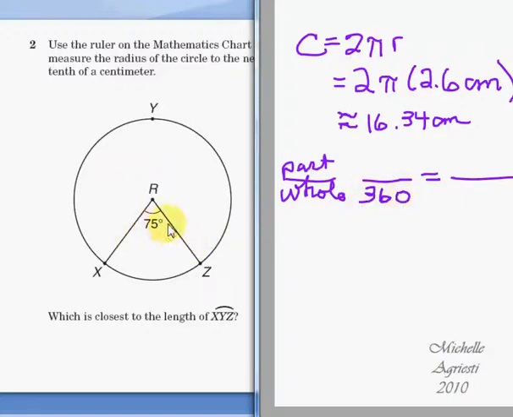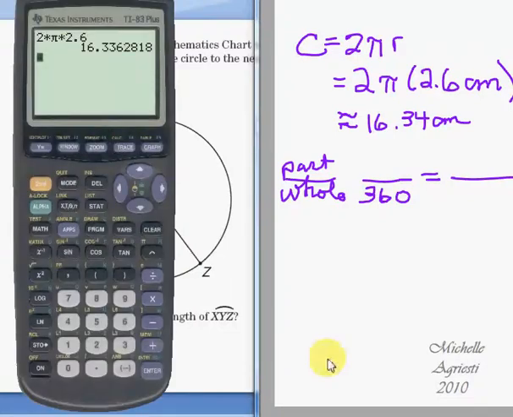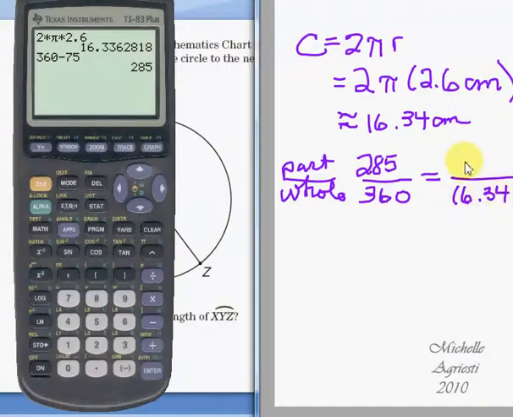My part doesn't include the 75 degrees. So we'll do 360, take away 75, that leaves 285. My whole circumference is about 16.34 centimeters, and I'm looking for my arc.